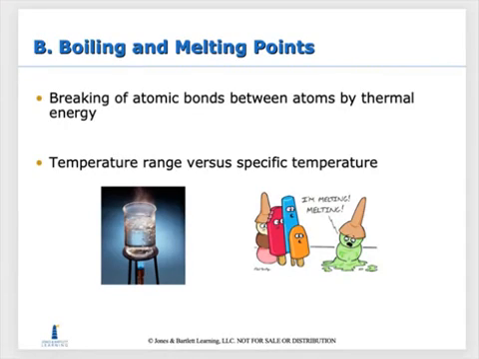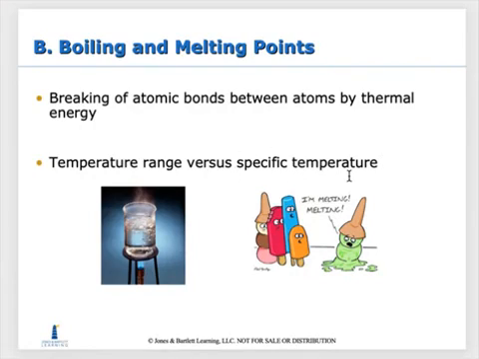And then we have boiling and melting points. So what's the difference there? First of all, when we boil or melt something, we're breaking those atomic bonds by using thermal energy. Temperature range versus specific temperature.